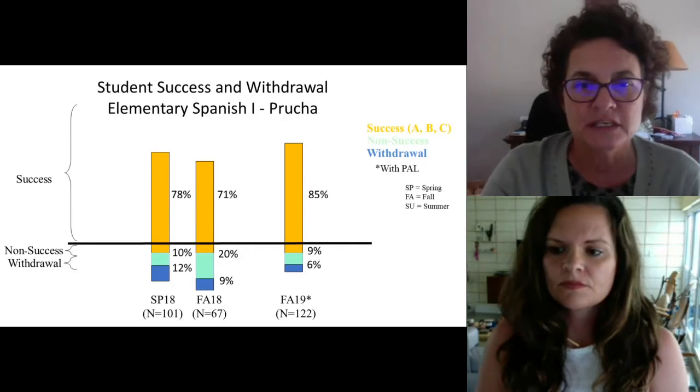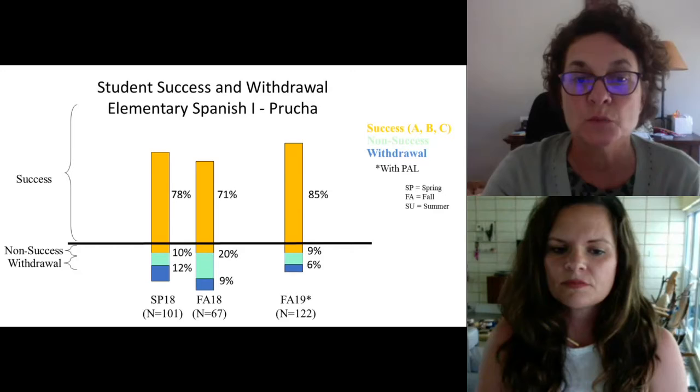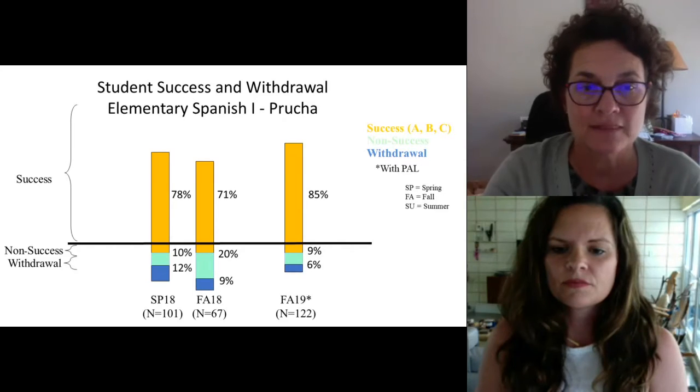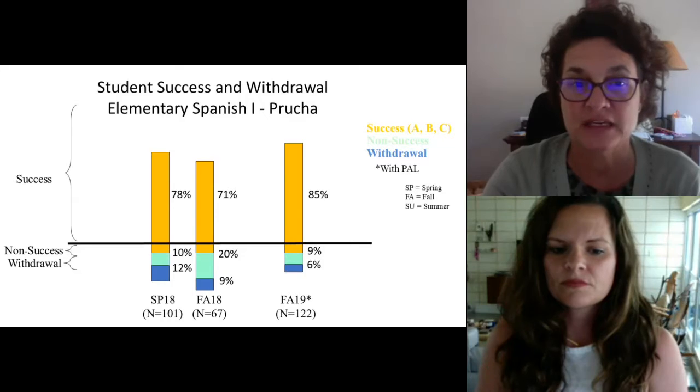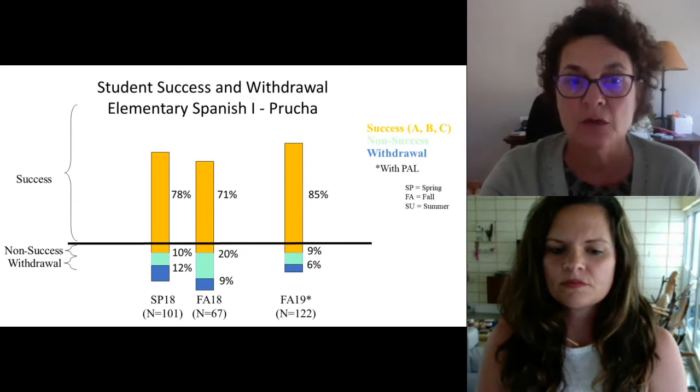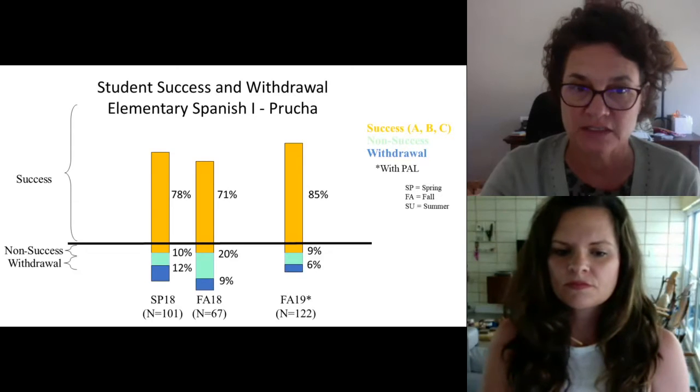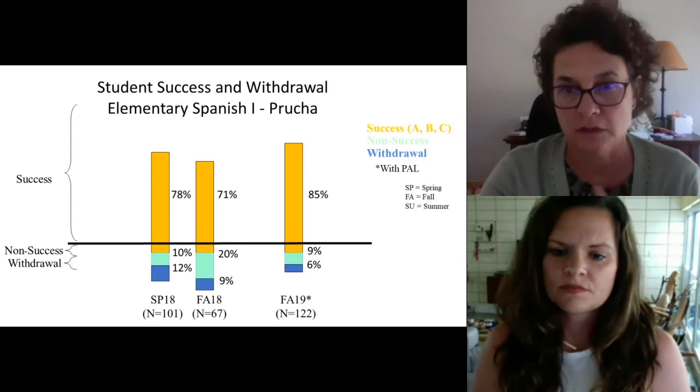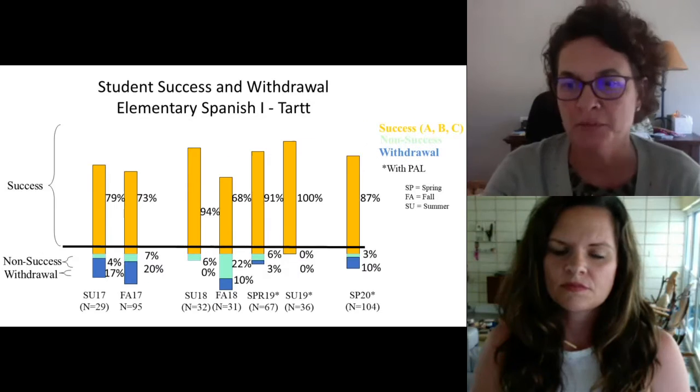So you'll see here that where there's an asterisk, fall 2019, these are courses with adaptive learning, these are without. So our success rates were 85% in Spanish 1 in my courses with adaptive learning in fall 19 versus fall 18 and spring 18. So a few points up.